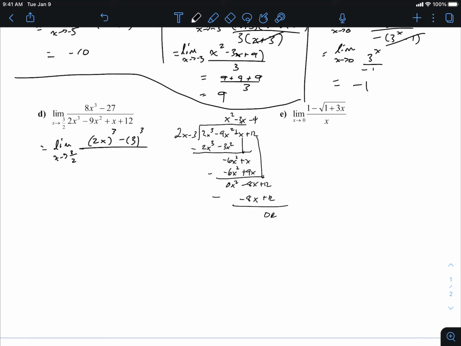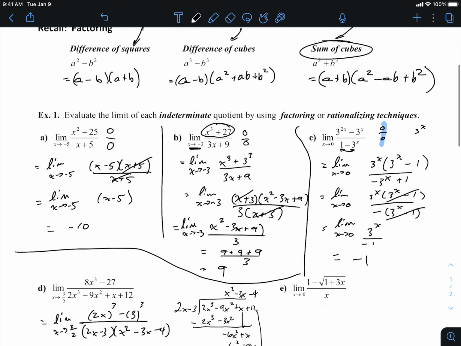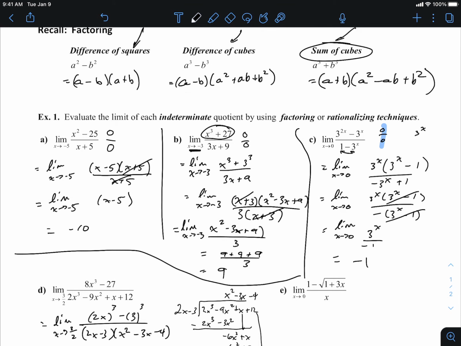We can rewrite the denominator as being 2x minus 3 multiplied by x squared minus 3x minus 4. Then we'll have another look at the numerator now. That's a difference of cubes. We've strategically written that in a way that it's a difference of cubes.